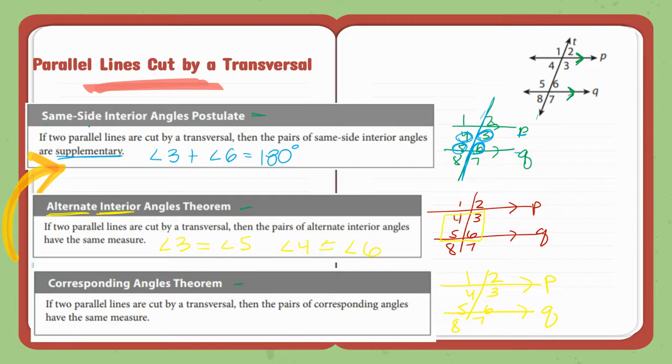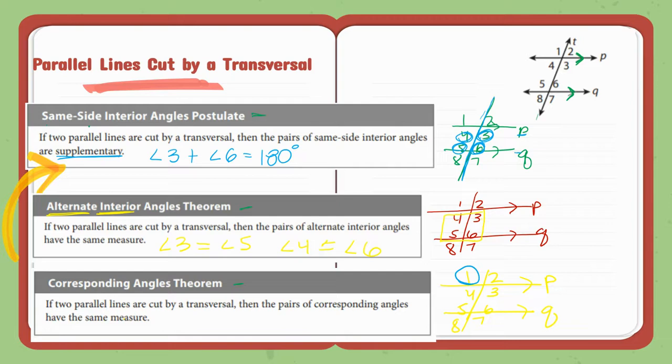Corresponding angle theorem. Corresponding angle theorem is all about the location of your item. So for example, there's lots of corresponding angles here. In fact, there's 4 of them. Let's just say I randomly pick number 1. I'm going to look at line P, and I'm looking at number 1, and number 1 happens to be in the top left-hand corner.